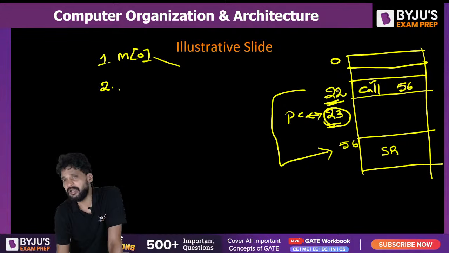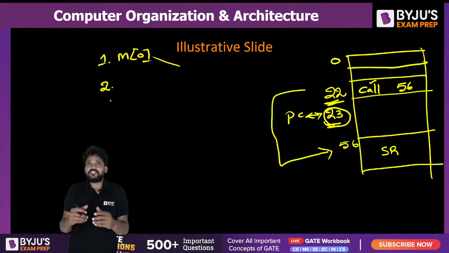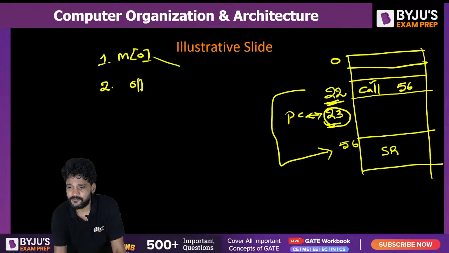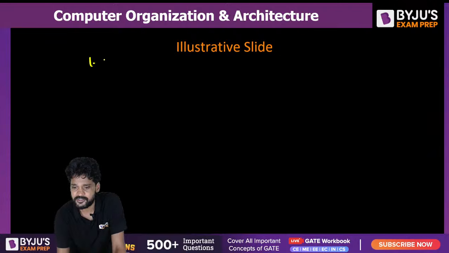The second possible option, in the absence of the stack, is the origin of the subroutine. The first is memory location 0, and the second is the origin of the subroutine.